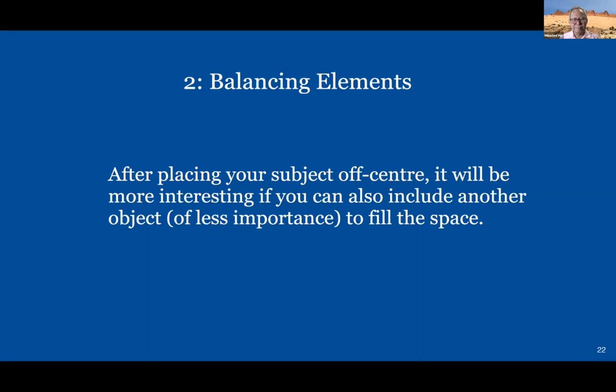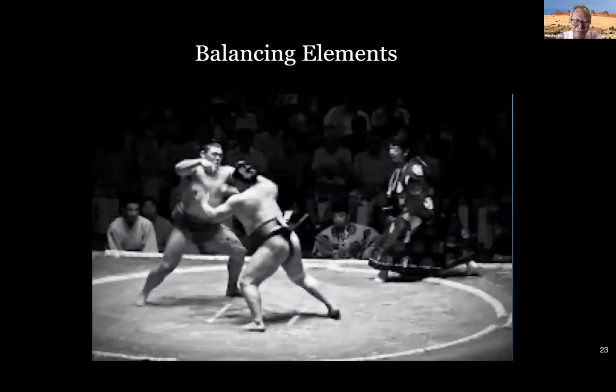Okay, balancing is the second rule, or second advice. Don't say rule, second advice. So to explain this in words is a bit difficult. But if I give you a picture, you will understand what I mean. You notice the subject is the sumo wrestler, that is the subject. Also follows the 1/3 rule.